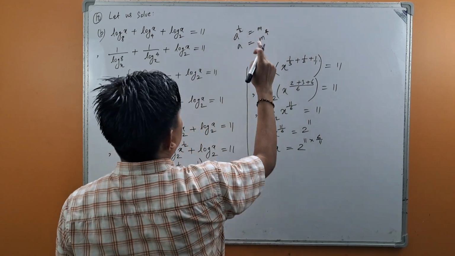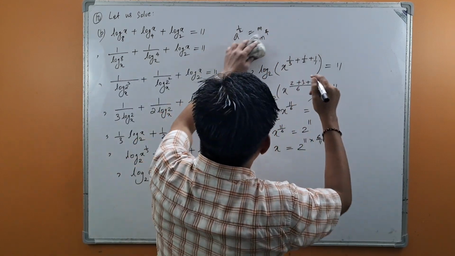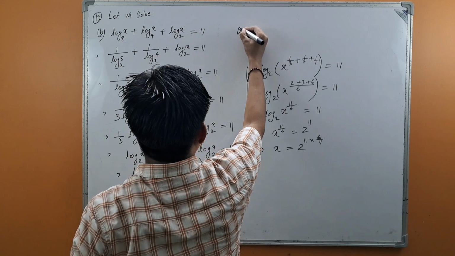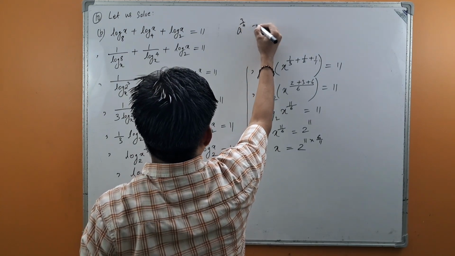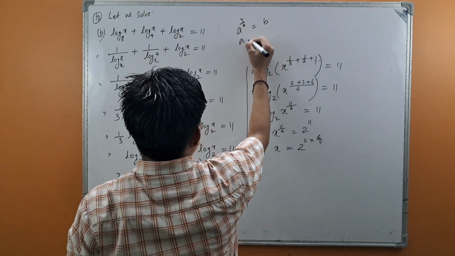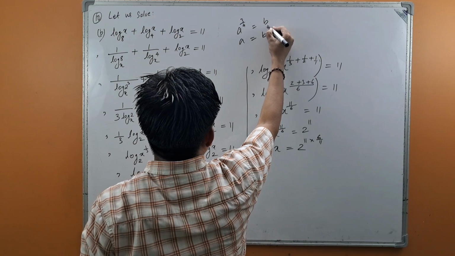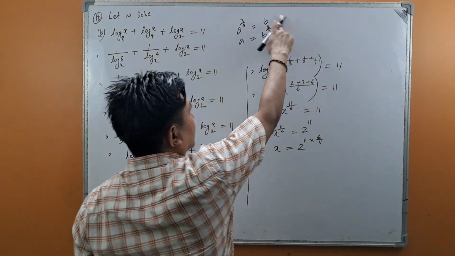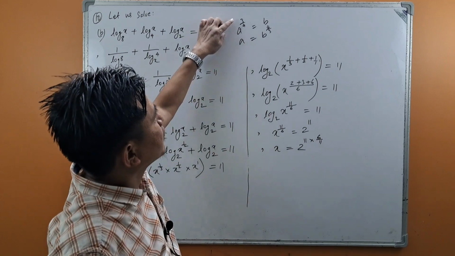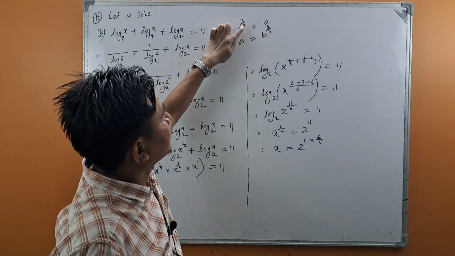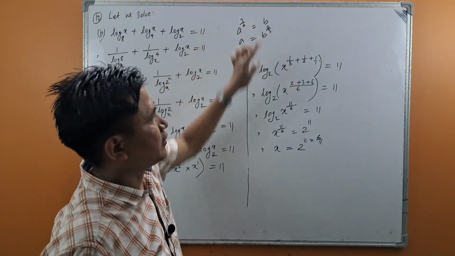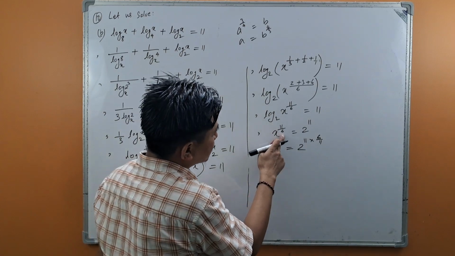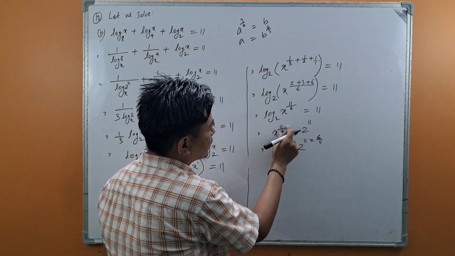Suppose if you have a to the power 3 by 4 equal to b, then we write a equal to b to the power 4 by 3. When we take power to the other side, the numerator of the power becomes denominator and denominator of the power becomes numerator. So 11 upon 6 becomes 6 upon 11.